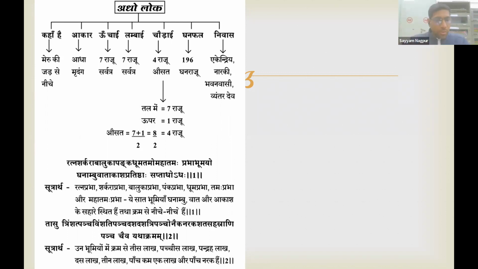Yeah. Right. So now in the second sutra, we are going to talk about how many narkas are there in these lands. So how many locations, how many houses of narkas are there? We are going to talk about them.